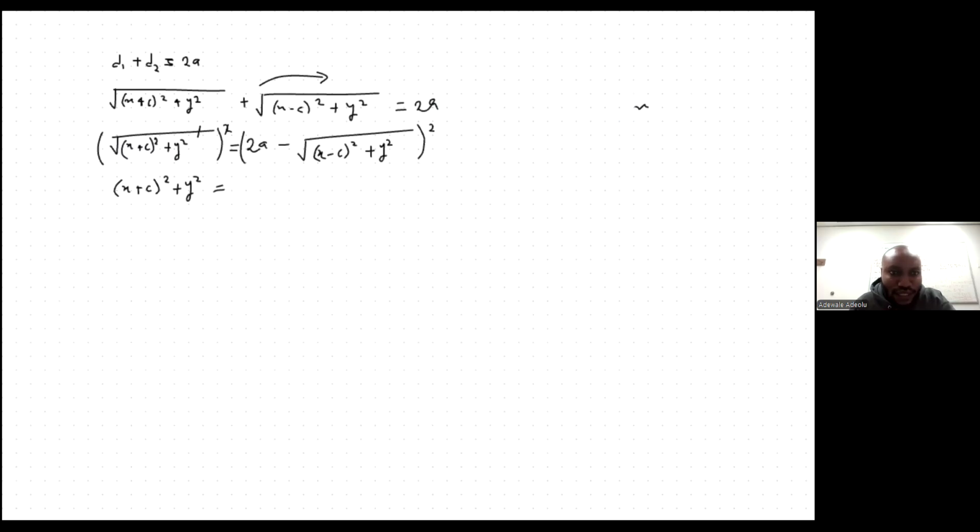Okay, so that is 4a squared minus 4a times the square root of x minus c all squared plus y squared, plus, now the square root of this, I'm squaring it. So negative squared is positive. So if I square that, I will have x minus c all squared plus y squared.